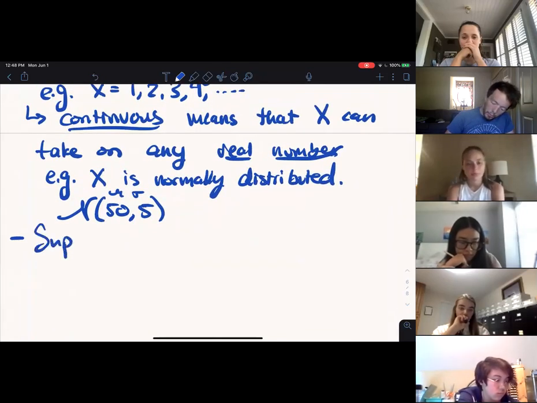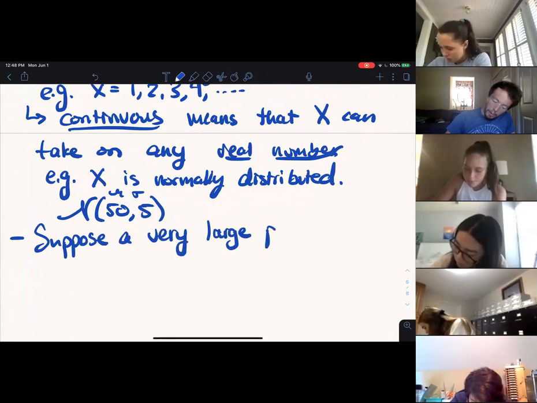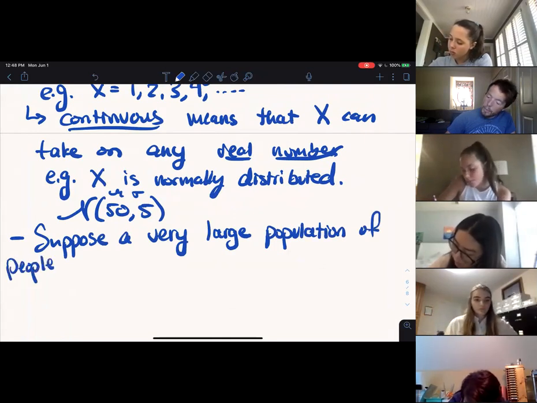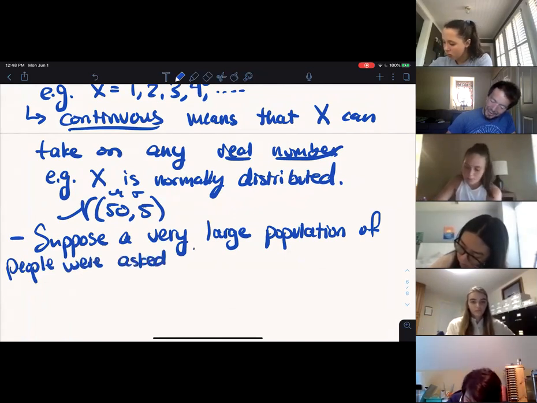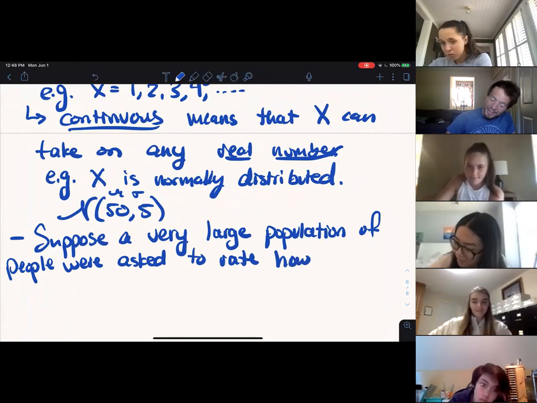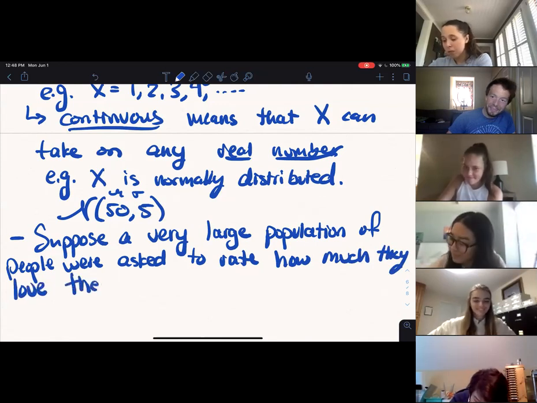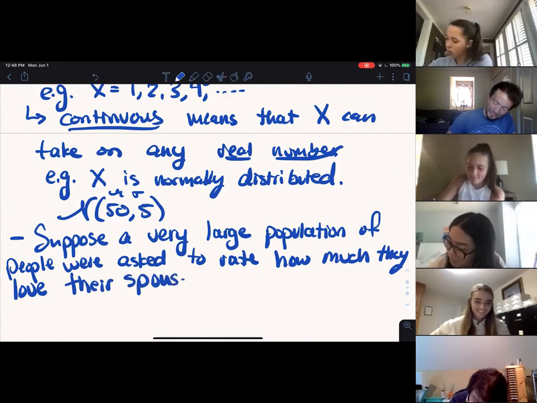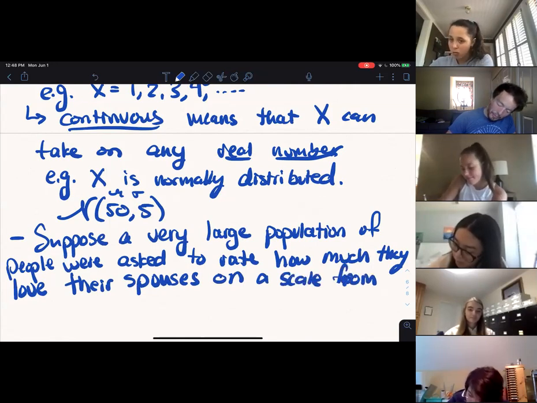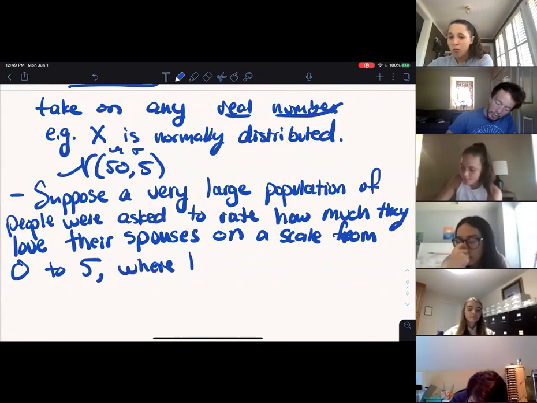So our example is, suppose a very large population of people were asked to rate, I can't believe I did this, this is just a weird example I came up with, to rate how much they love their spouses on a scale from 0 to 5, where they can choose any number in that range.